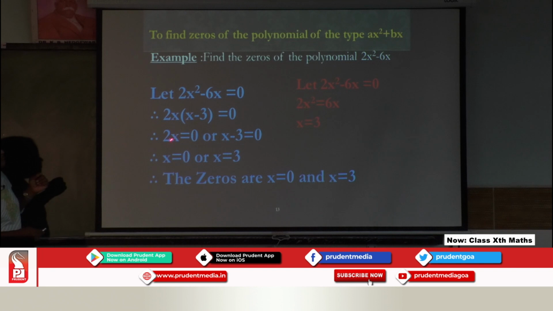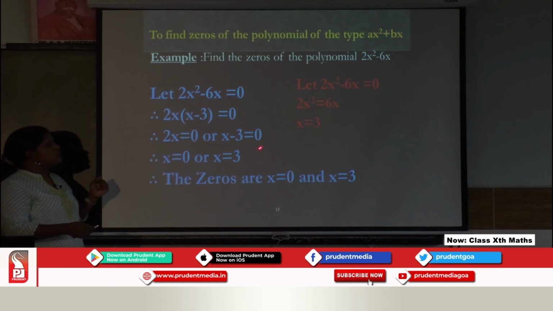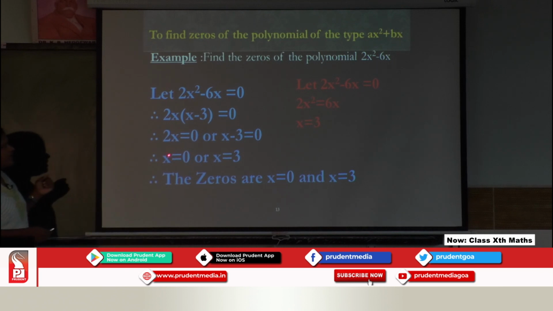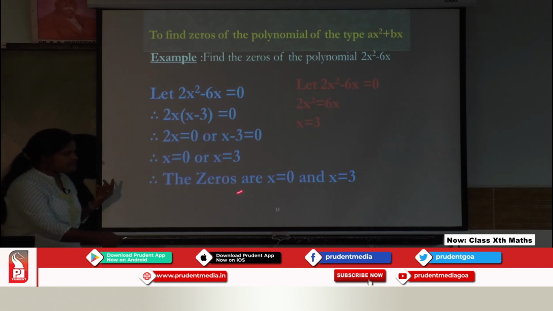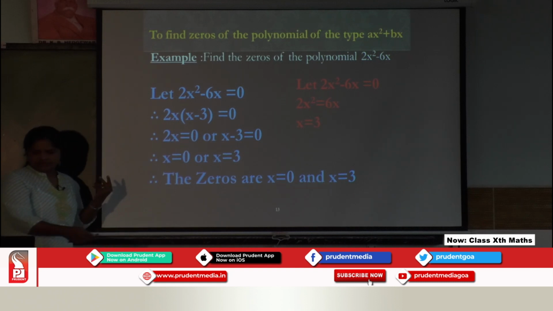So I have 2x is equal to 0, or the second bracket, that is x minus 3 is equal to 0. So I have x equal to 0, because 0 upon 2 is 0. So x is equal to 0, or here x is equal to 3, since negative 3 will become positive 3. So I have two zeros here, x is equal to 0 and x is equal to 3.